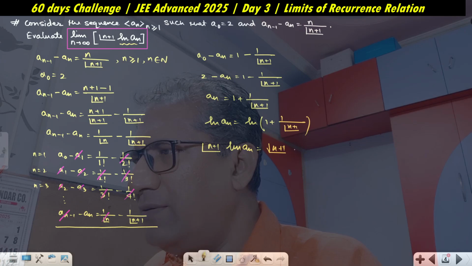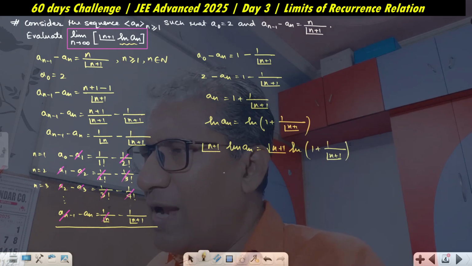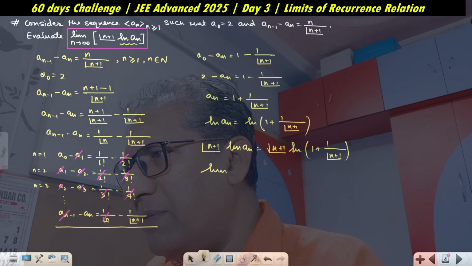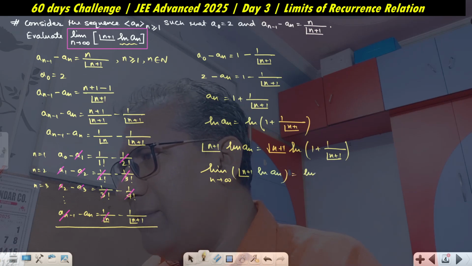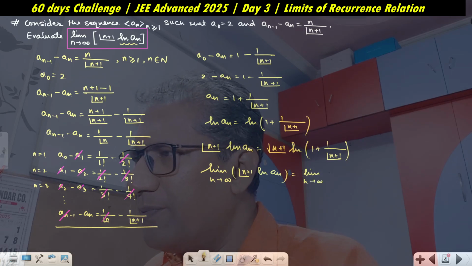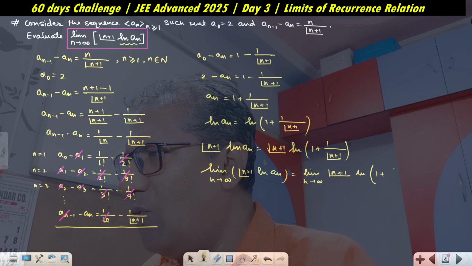Factorial n plus 1 ln of 1 plus 1 over factorial n plus 1. Now let me take the limit on both sides, limit n tends to infinity, which is coming like limit n tends to infinity, factorial n plus 1 ln 1 plus 1 by factorial n plus 1.